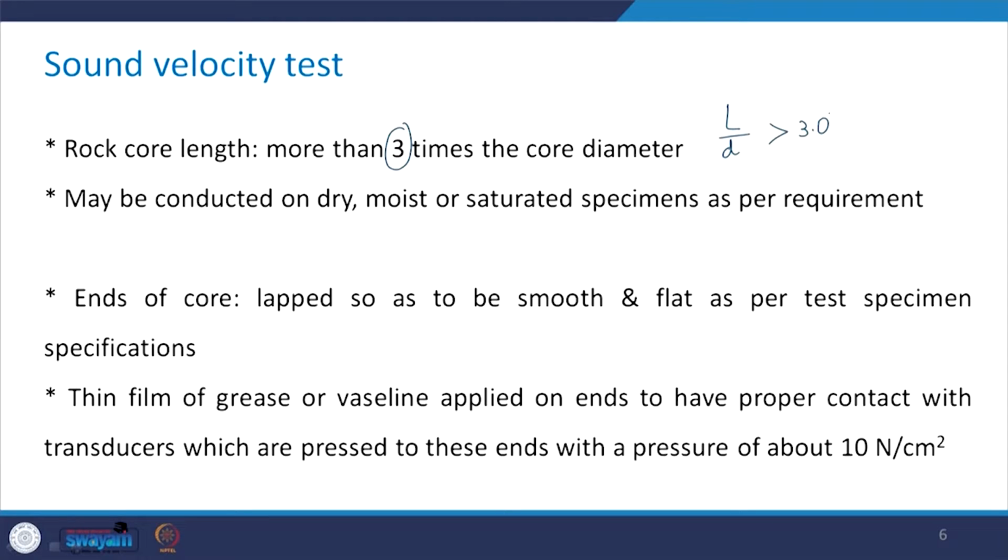These tests may be conducted on dry, moist or saturated specimens depending upon the condition that is relevant in the field. Ends of the rock core should be lapped so as to be smooth and flat as per the test specimen specifications.